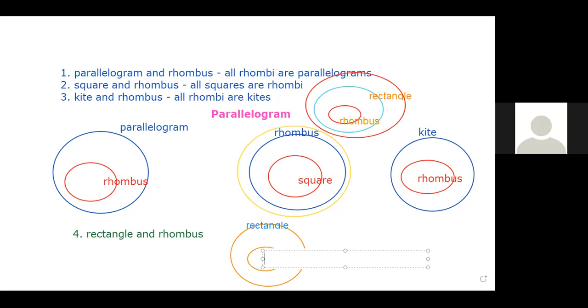No. See, if we consider this picture, then it appears that all rhombi are rectangles. Is that true? No. Okay, so that's not the case. So I'm going to erase that one.